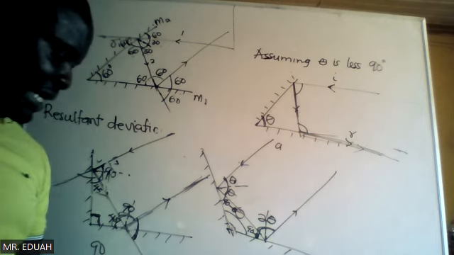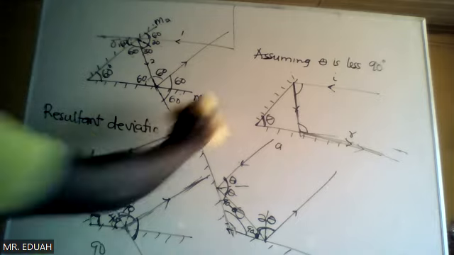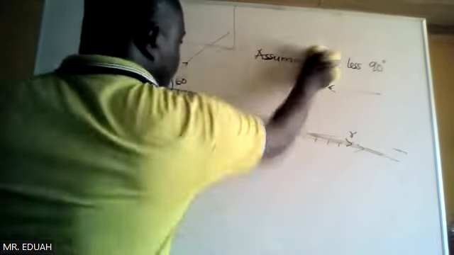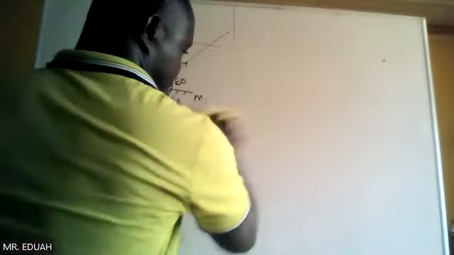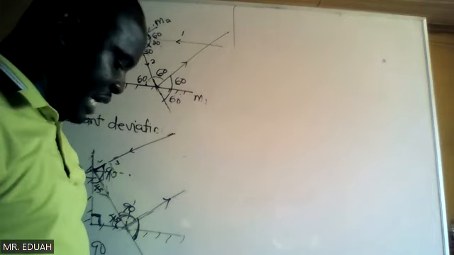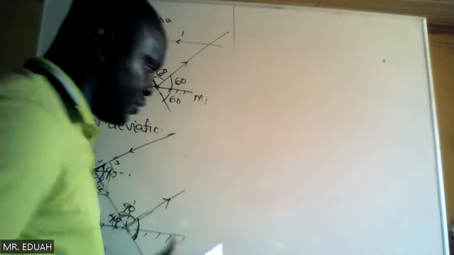A small object is placed. Let me clear this. A small object is placed 10 centimeter in front of a plane mirror.